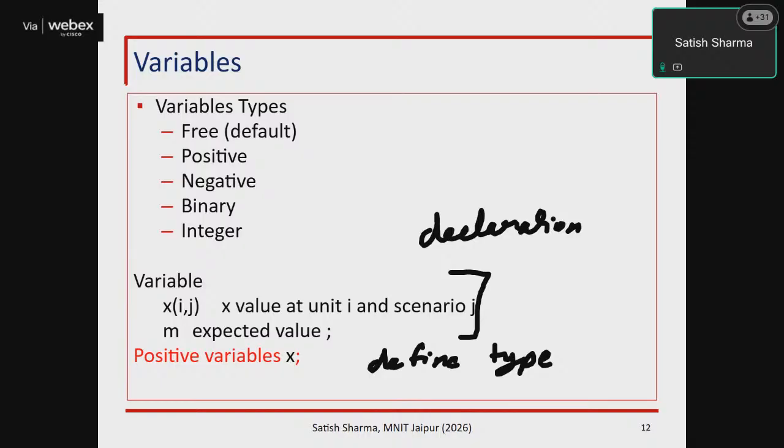Anyone, what will be the type of variable m? Yes, it will be a free variable because it is the default. Until we define positive, negative, binary, integer, all the other variables will be free or default variables, right?